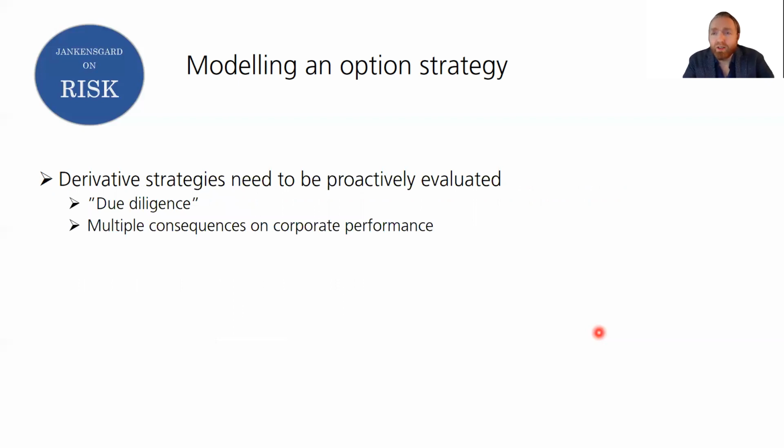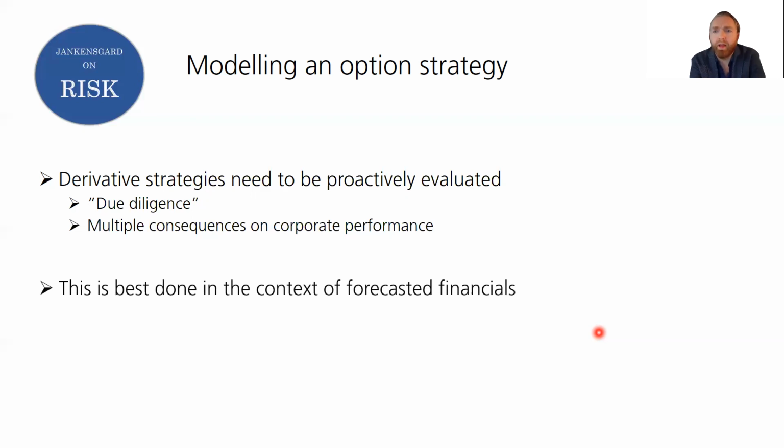As we've discussed in earlier videos, we want to be able to proactively evaluate hedging strategies in a corporate decision support tool, because we know that there are multiple consequences on corporate performance from these derivatives because of the need to fair value account them.